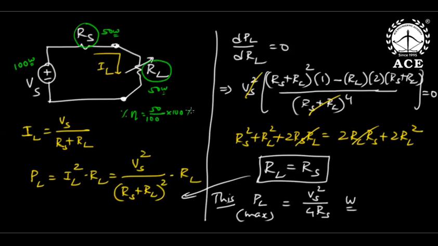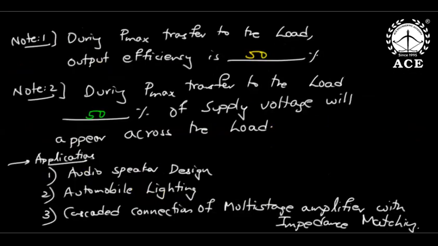So during the maximum power transfer theorem, the efficiency is very low. That is the meaning. It is only 50%. And I also gave another bit: during PMAX transfer, what is the percentage of voltage drop across the load?